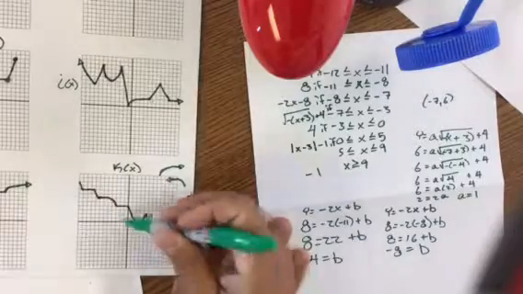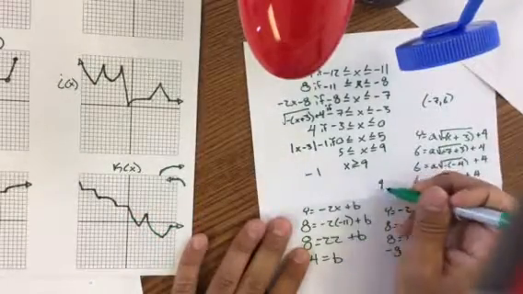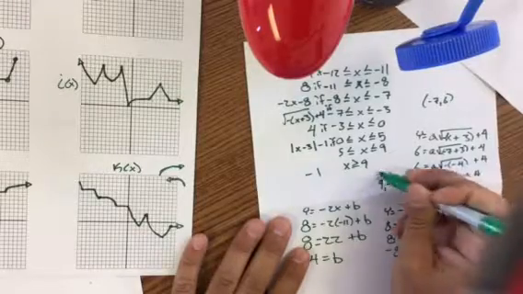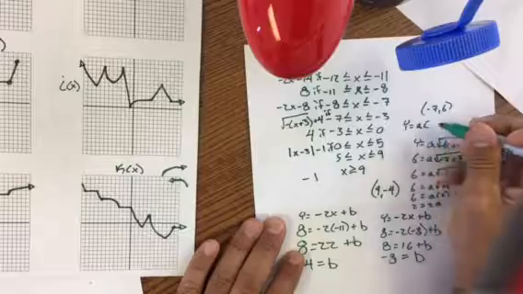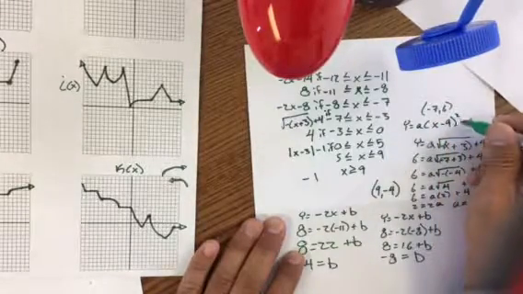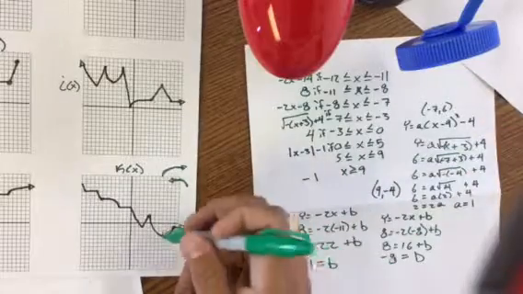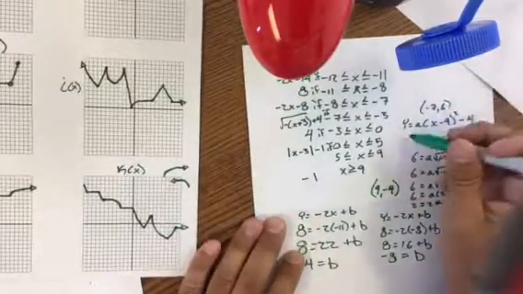and this quadratic has a vertex at 9, negative 4. So we're going to have y equals a(x minus 9) squared minus 4. I need to pick any other point on here, which I'm going to pick 11, negative 1.